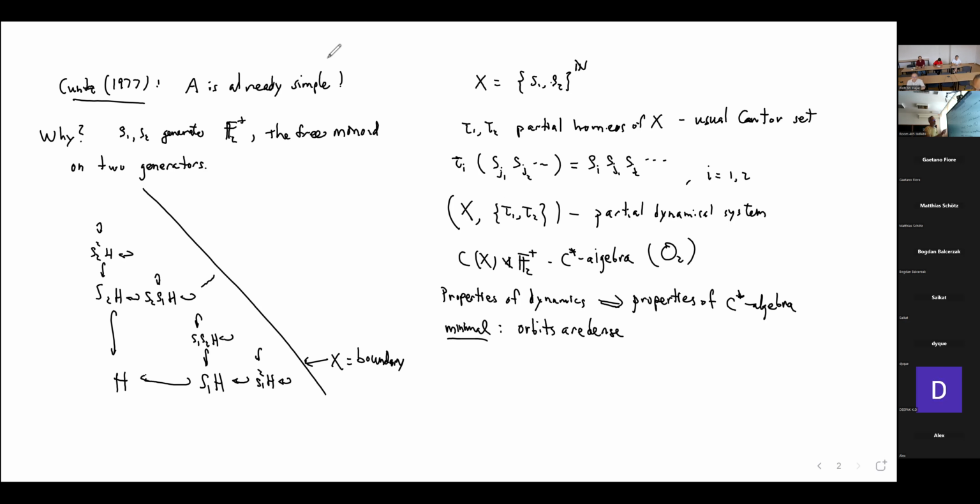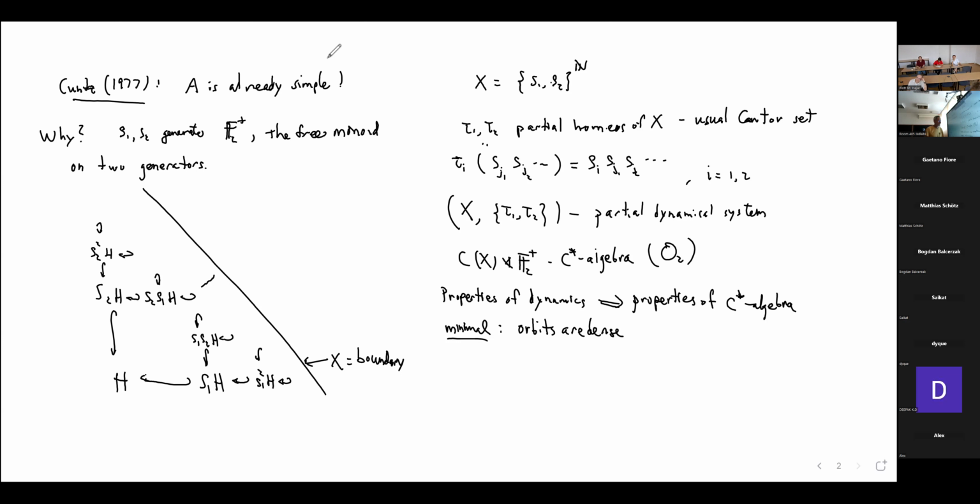If you start with a typical point like this one, defined by the sequence j1, j2, j3, and you push it with various ones of tau1, tau2, you're building a sequence that has an arbitrary initial segment and then whatever you started with. It's clear that it can be pushed into any basic open set. So every orbit is dense.